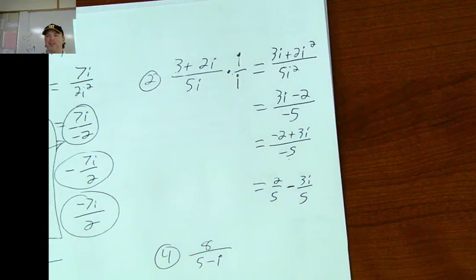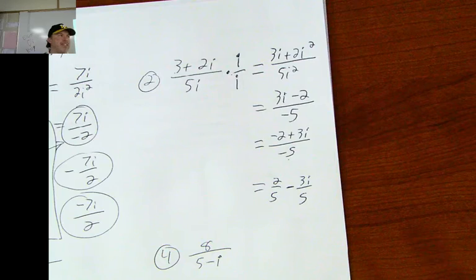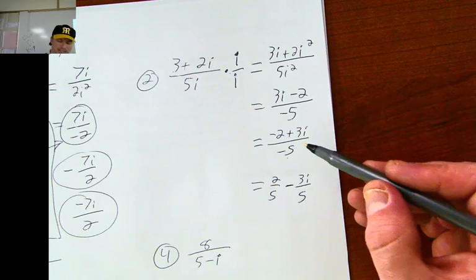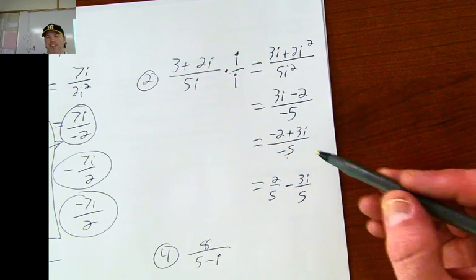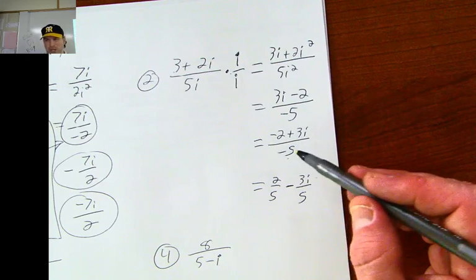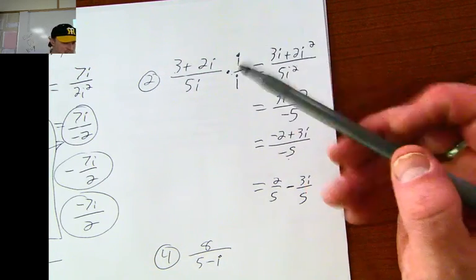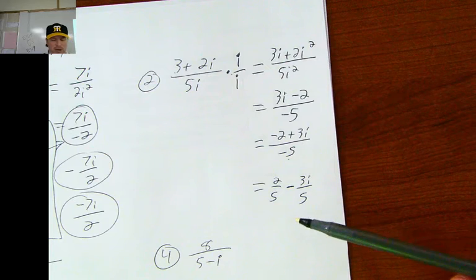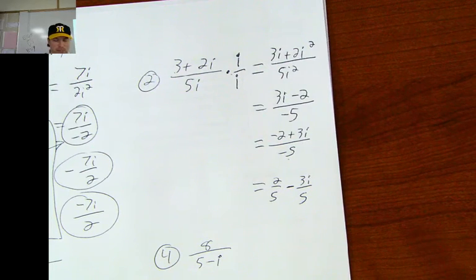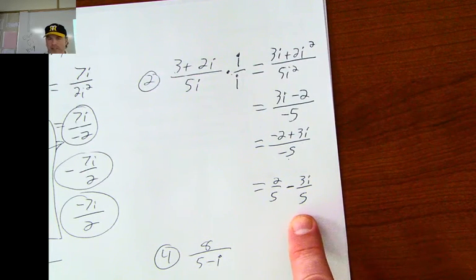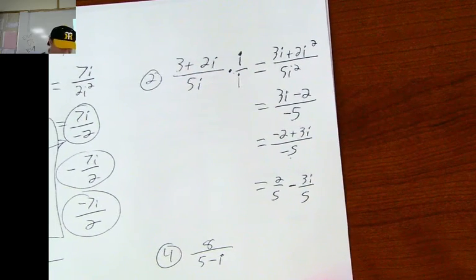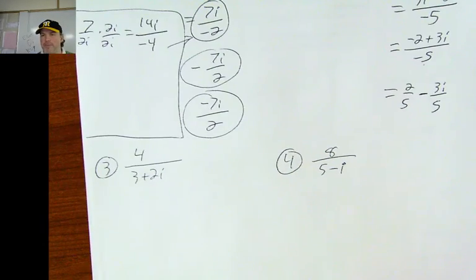That is the proper answer. I know that I said in quadratic formula I would accept this answer, and I will accept this type of answer when you're working quadratic formula. But in a problem where it's telling you to rationalize the denominator and answer in complex form, you should answer it like this. All right, now check these out.